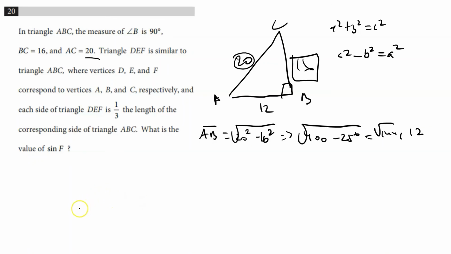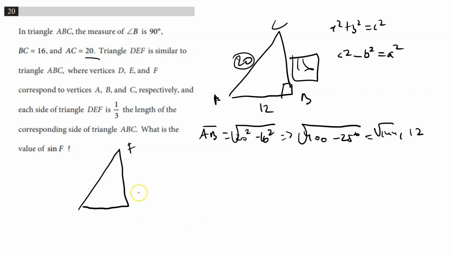We know triangle DEF is similar to triangle ABC, and each of its vertices corresponds to each of ABC's vertices, with vertex F corresponding to vertex C. So draw that there, right?